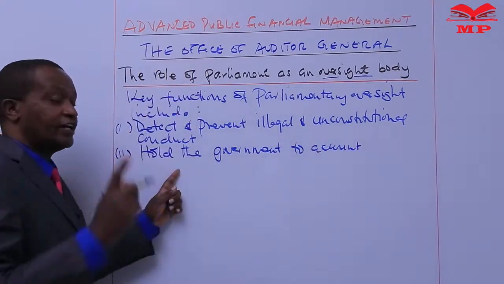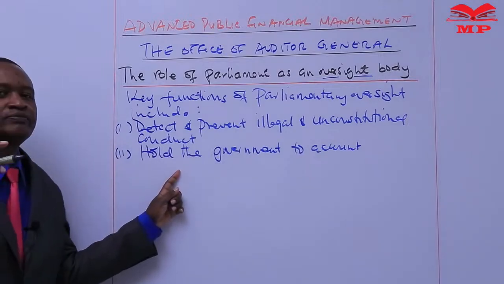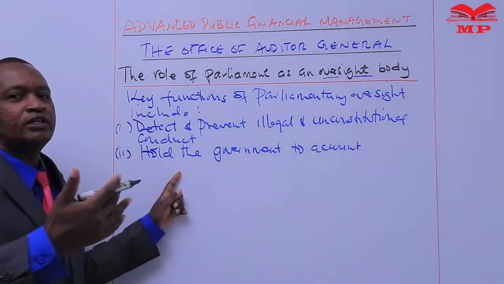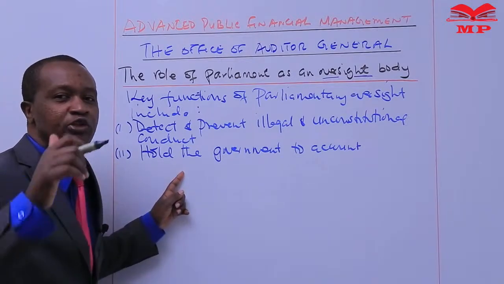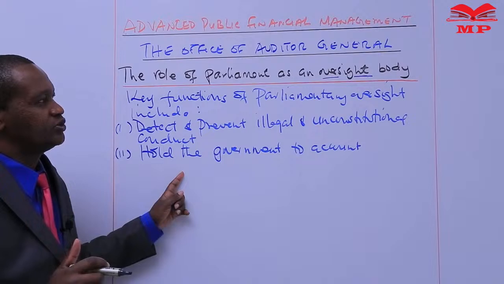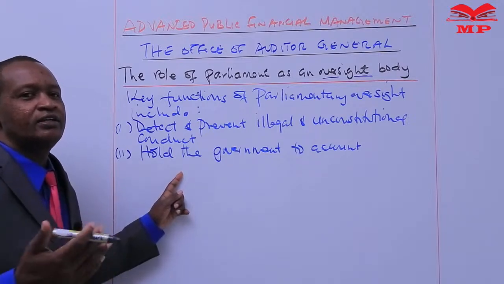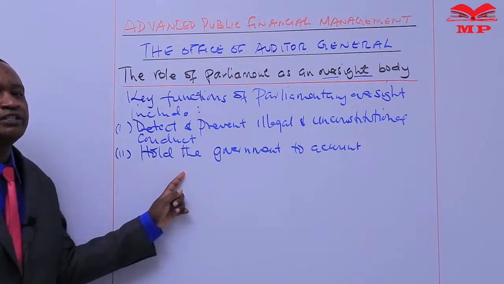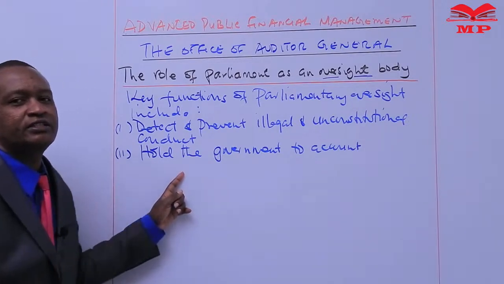To hold the government to account in respect of how the taxpayers' money is used. And this is done by detecting waste within the machinery of government and also public agencies.